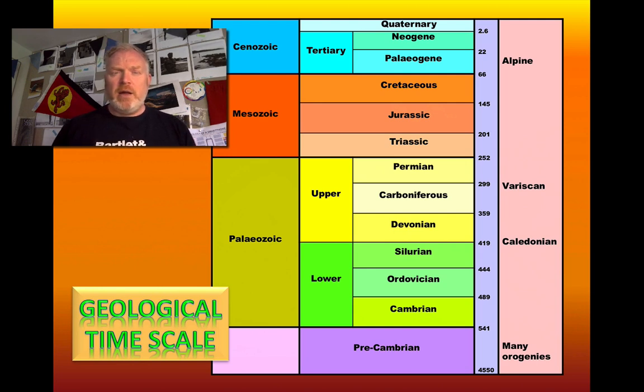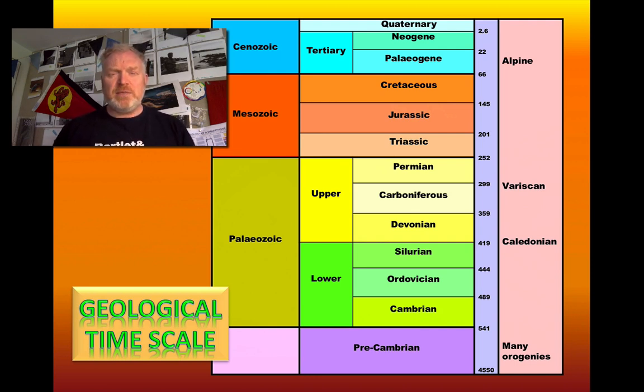This is where what's now England, Wales and the southern part of Ireland were on one continent. Scotland and the north of Ireland were on a different continent. Those continents came together and collided. They created the Caledonian orogeny and the Caledonian mountains that we have here in Britain. I'll talk more about those in a moment.